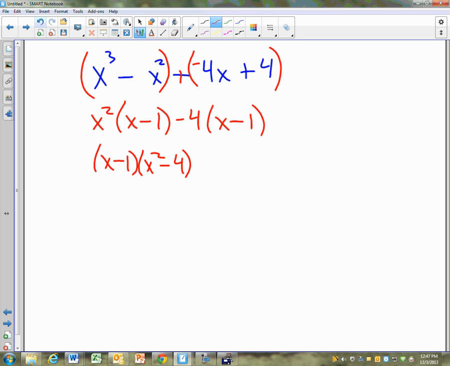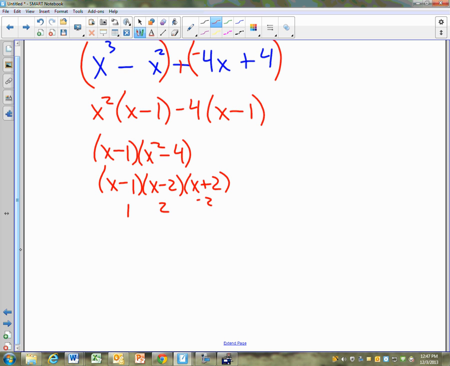Does x squared minus 4 factor? So you've got 1, 2, -2. Exactly. 1 is a triple root.